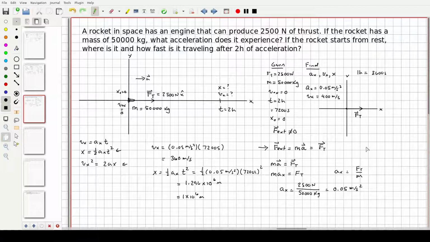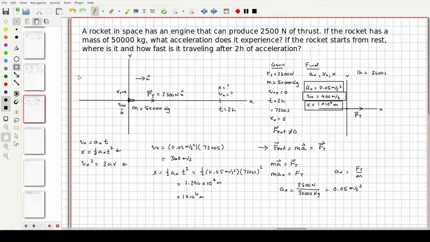See, slow accelerations like this over large amounts of time can take you very, very far. So here's what we have: 1 times 10 to the 6 meters, and here are our answers right here. What's our acceleration? It's this. What's our velocity? It's this. And what is our position? It's this right here.